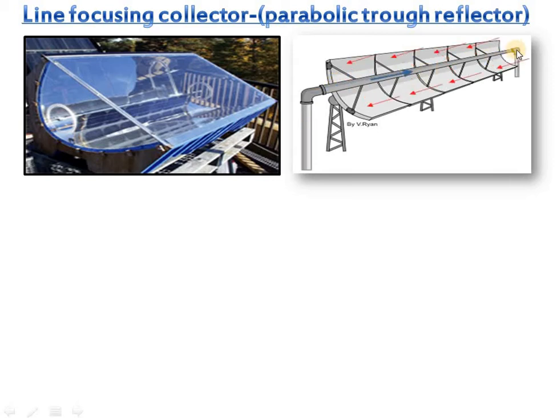You have kept a metal pipe, a hollow metal pipe. Through this hollow metal pipe, some fluid is continuously circulated. So the entire light energy or heat energy that is getting focused along the focal line is absorbed by the liquid.